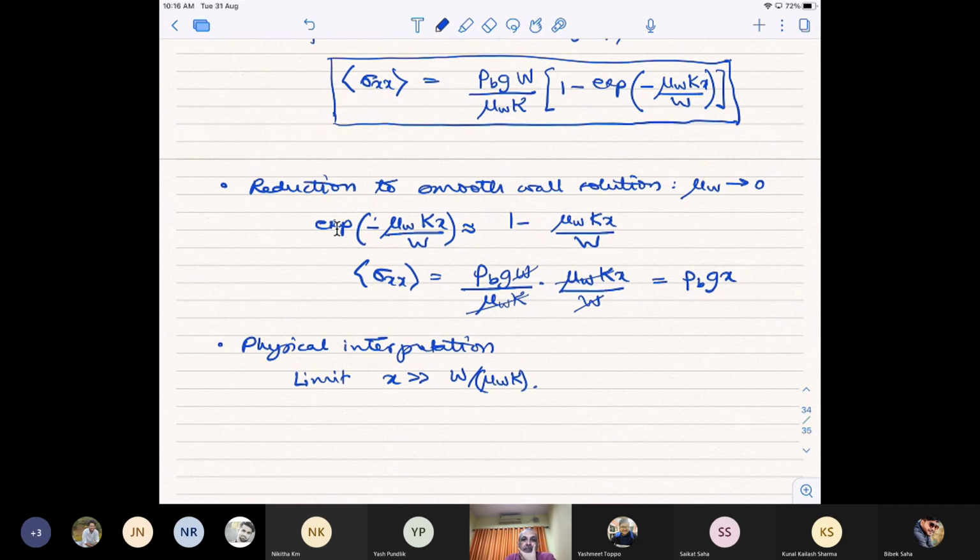Can someone tell me? So basically what I'm saying is, what happens if this term inside the exponential becomes very, very large?